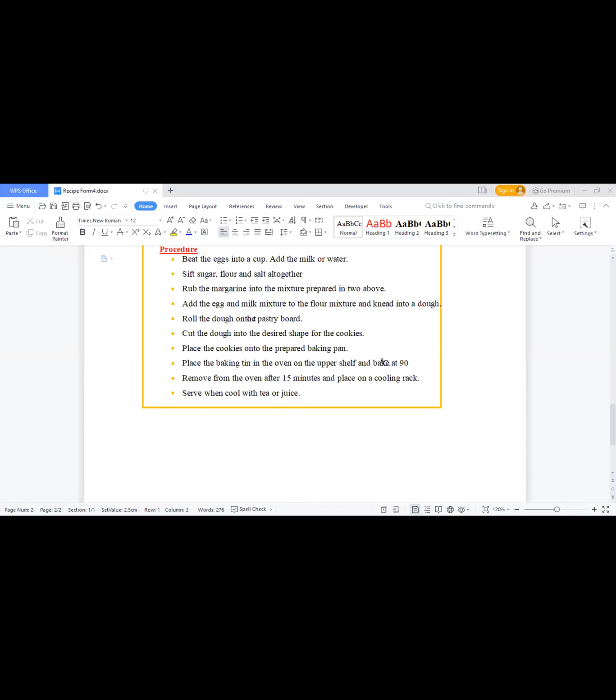Just in case that question comes in the exam, make sure that you're prepared, because at the end of it all, you're going to check out whether you know the ingredients very well, whether you have stated the quantities, and also the procedure, the way the procedure is supposed to follow each other. So I advise that just before the exam, at least have 3 recipes. Google, research, think about 3 recipes that you can use, and you will be safe.